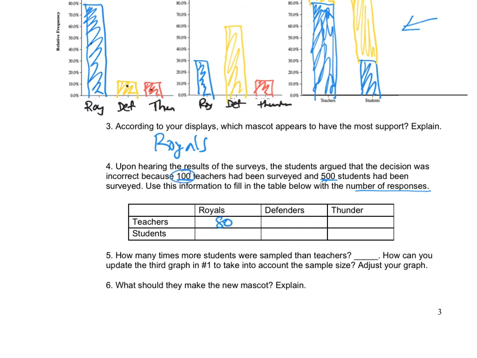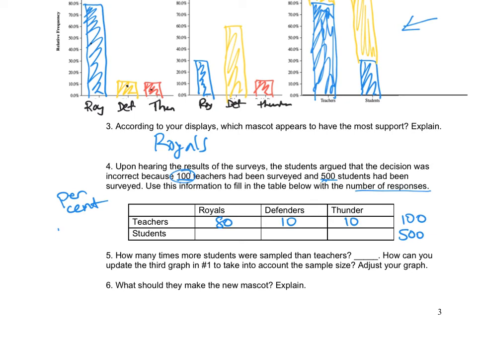So it's kind of easy because percent means per 100. So if it's 80%, it's 80 per 100. The defenders, there were 10, and the thunder, there were 10. So that makes a total of 100 teachers surveyed. Now, for the students, 500 students were surveyed. Okay, so remember 30%.